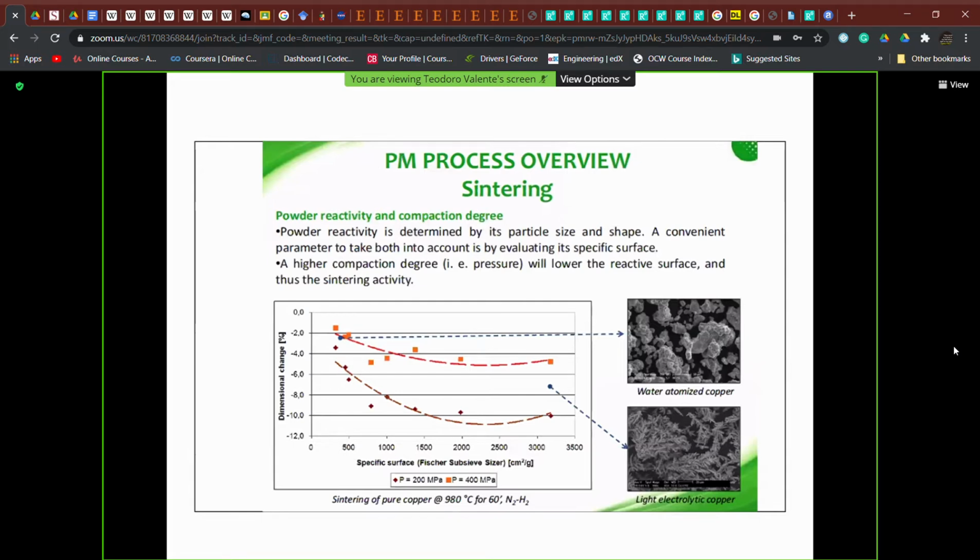The powder reactivity is determined by the surface which is available. And if you remember what we said when we talked about the nano powders, obviously the surface to volume ratio is related to particle size, and in this case also to particle shape.